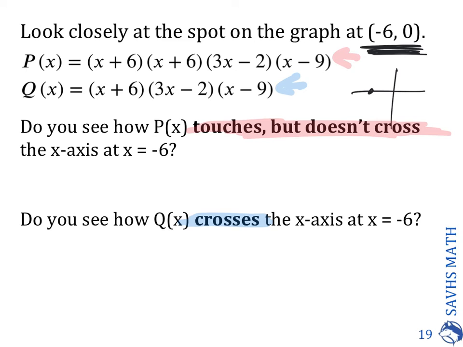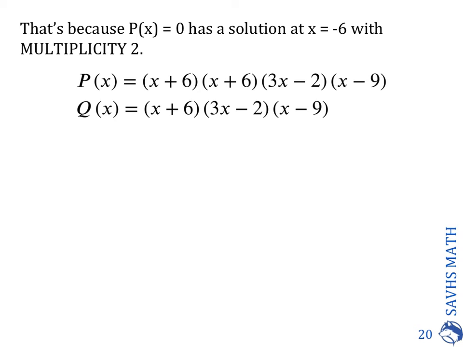What I notice is that the only difference in the equations is that p of x has 2 factors that say x plus 6, and q of x only has 1 of them. And so that is important. The reason that the graphs are different is because of what I just said.